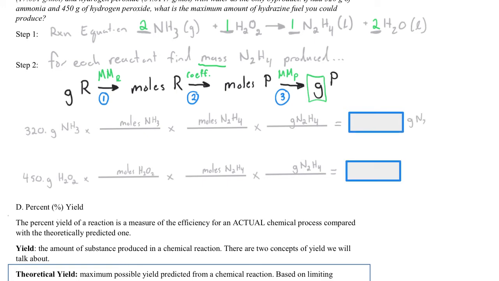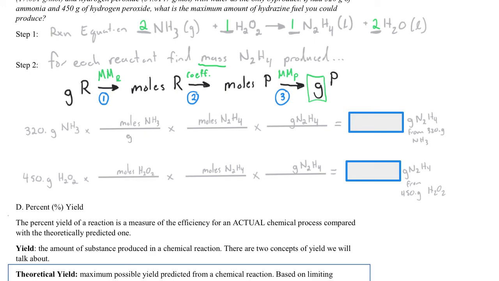So in the top case, we'll have grams of hydrazine that could be produced from 320 grams of ammonia. And in the second case, we're getting grams of hydrazine that could be produced from 450 grams of hydrogen peroxide. Now, all that's left for us to do is to complete the conversion factors and then do the calculation. Let's see how that works.